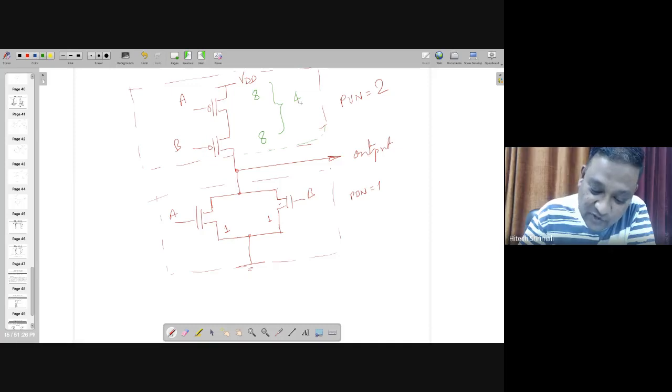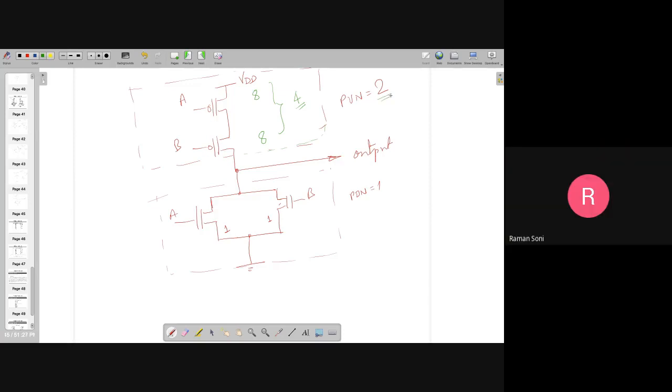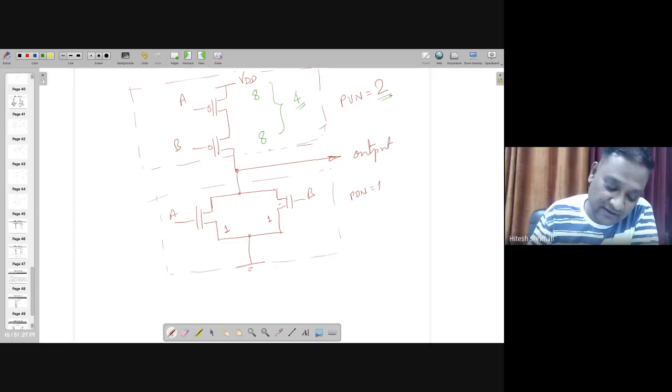So this becomes 4. One transistor has a resistance of 4 here, but on this side it's 1. I wanted to make it 2, right, Sir? Sir, they are in parallel, so it will... Oh, yeah. Look, I told you that these are in parallel, but in the best case, only one branch is on.